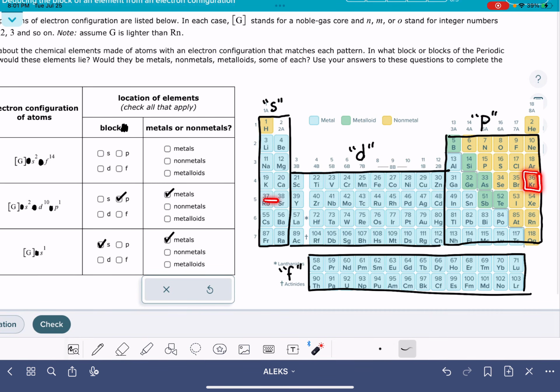Krypton, 5s2, 4d10, nope. Xenon, 6s2, 4f14. So for this particular configuration, there's only one element that works because we can't start with radon, and that is a metal, and it is in the F block.